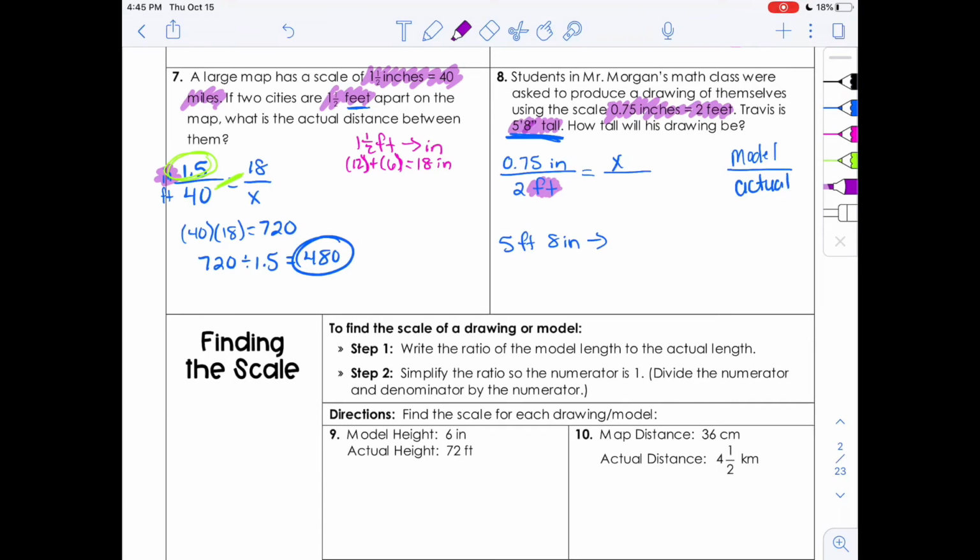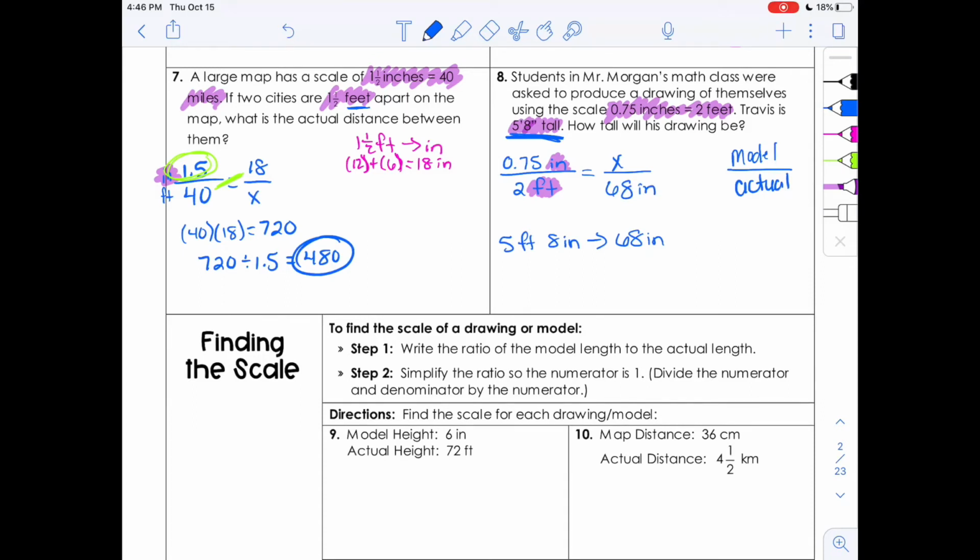So to convert that, it's going to be 68 inches, so that we're talking about the same thing, inches and feet. So we're going to replace that with 68 inches.